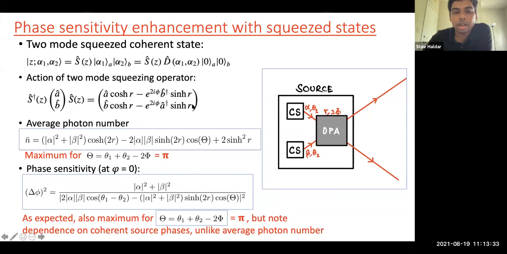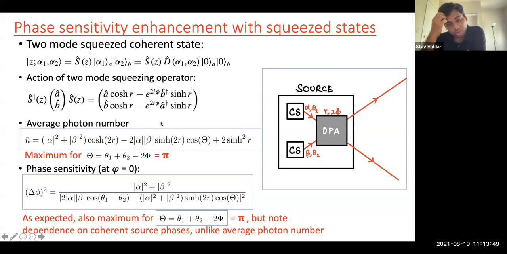R is the scaling parameter of the squeezing, which tells you how much squeezing you are doing. There's also a squeezing phase associated, this capital phi, and we'll discuss that this is an important parameter.